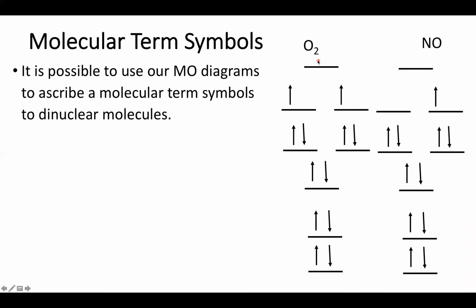So for O2, let's try and build up a full set of term symbols. We've already decided that O2, with its even number of electrons, should end up having a sigma eigenvalue. It is a triplet system. It should have gerade symmetry, as we have 2 electrons in our pi anti-bonding orbital and nobody else counts. Then the last thing this leaves me is my total electronic angular momentum.